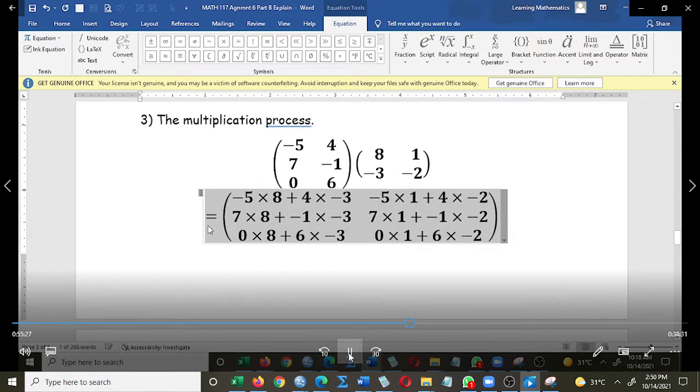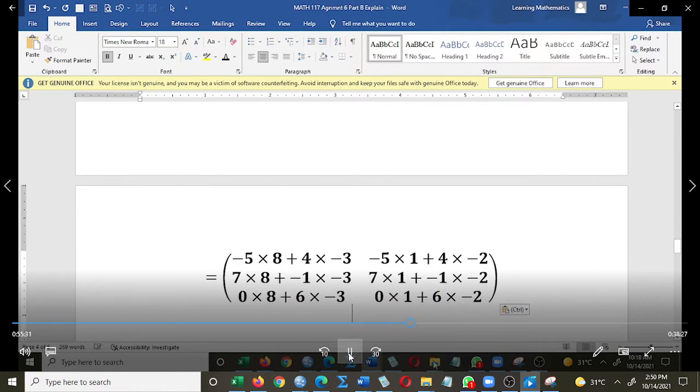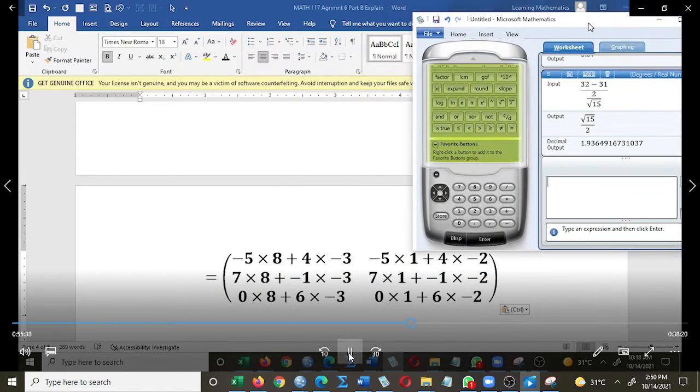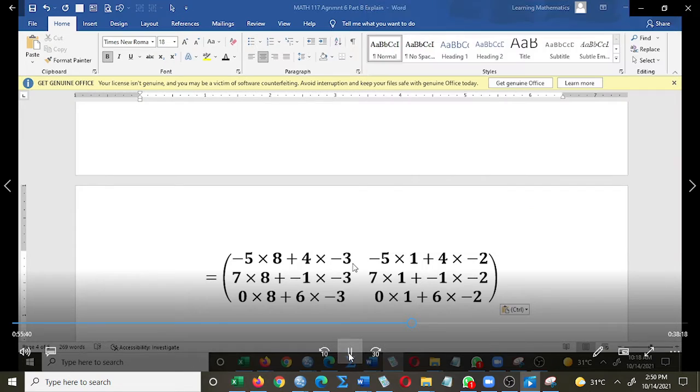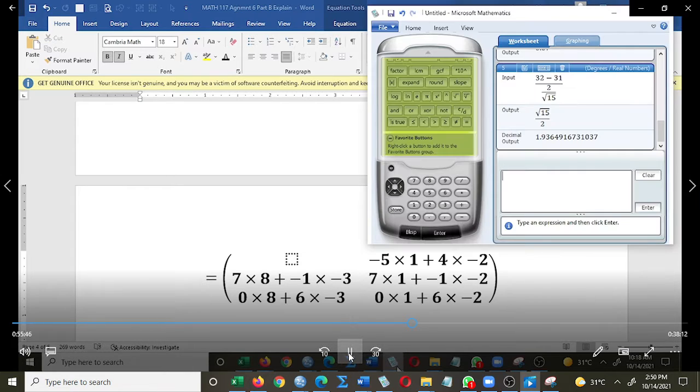Check this out. But I notice now that Microsoft calculator is compatible with equation in Microsoft, so I can just copy this, cut it, paste it, paste twice.